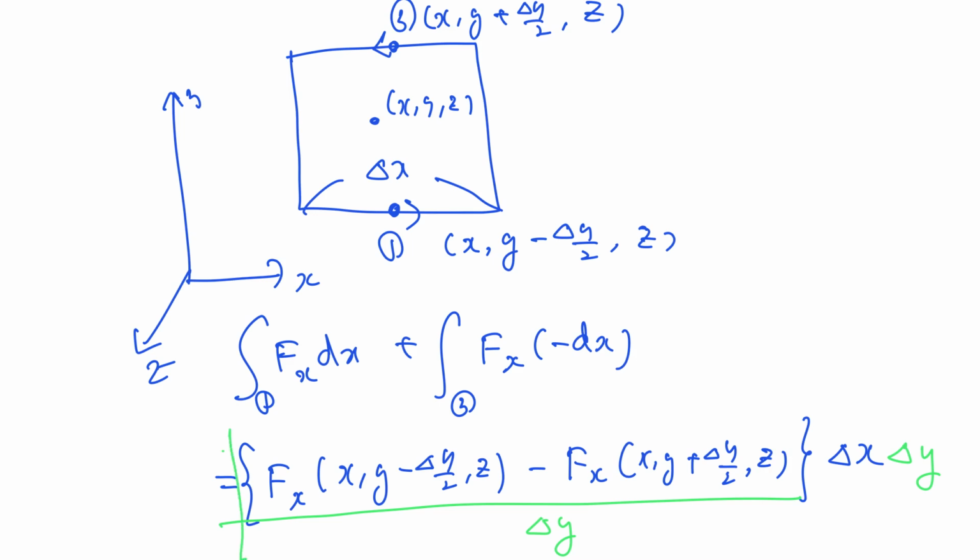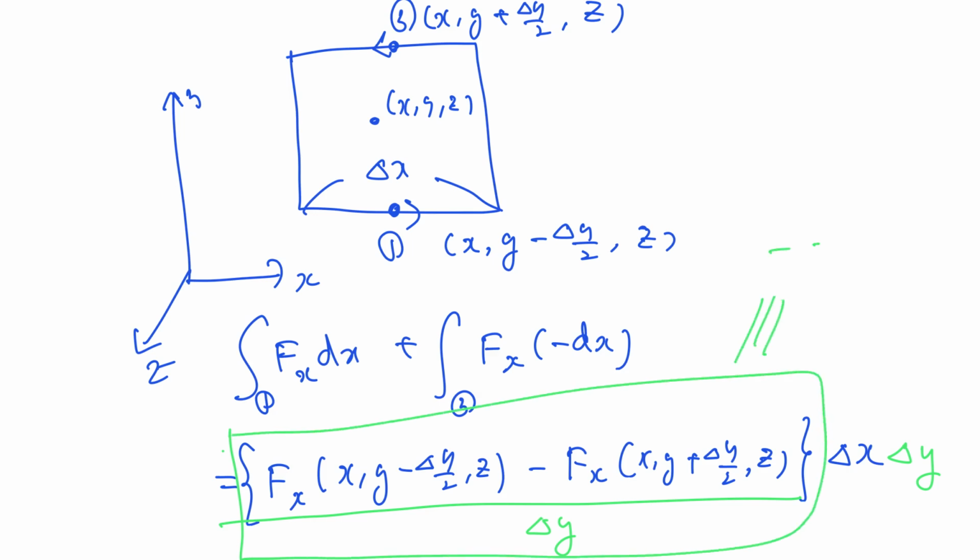Then what happens? This becomes minus partial y of f x, right? This, minus delta y over 2 minus plus delta y over 2, and you divide by delta y. It becomes a partial derivative, right? With respect to y, but we have a minus sign.